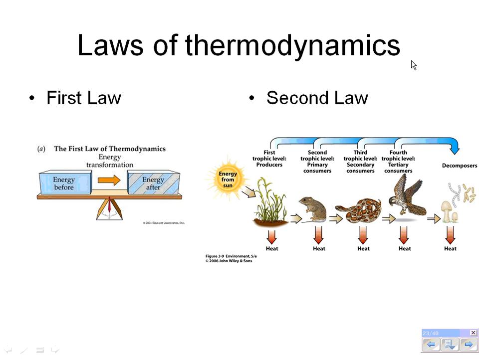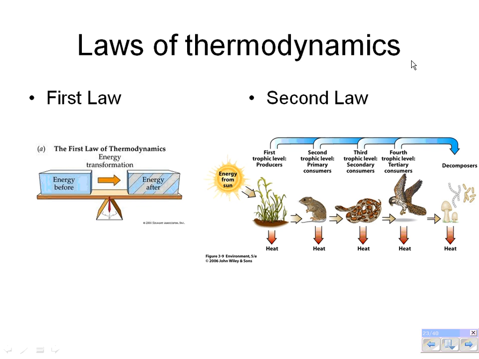Your first law of thermodynamics states energy cannot be created or destroyed. So the same amount of energy is present, it's just in different forms. And your second law of thermodynamics: when energy is converted from one form to another, a less useful form results. So we're really talking about the energy quality.